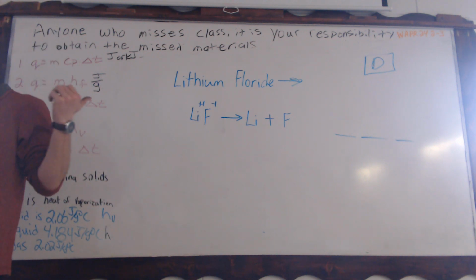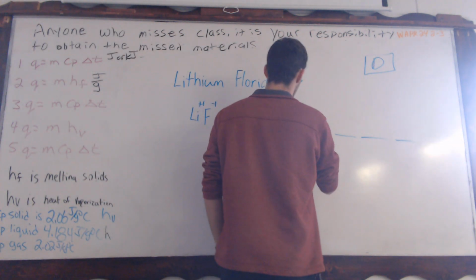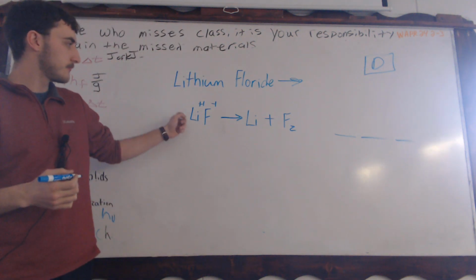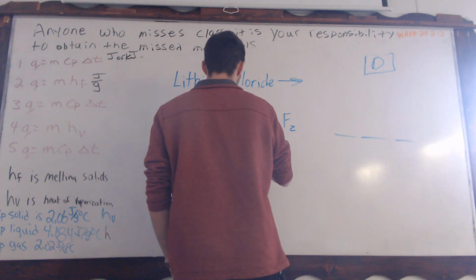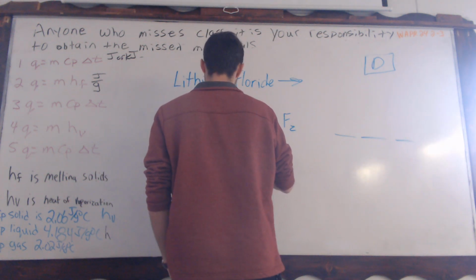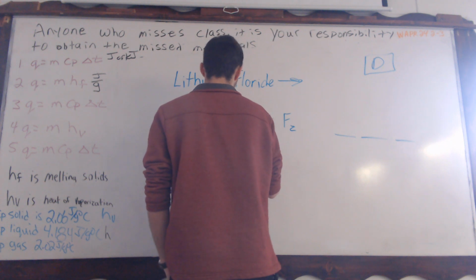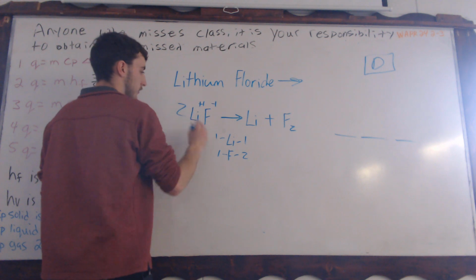What's wrong with this? It has to have a 2 behind it. Yep. So now, I'll do it real quick. It's an easy one. LiF: 1, 1, 2, 1. So we're going to double this to get 2 fluorine.